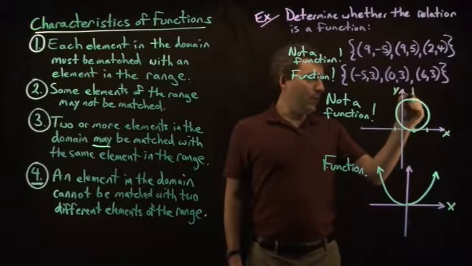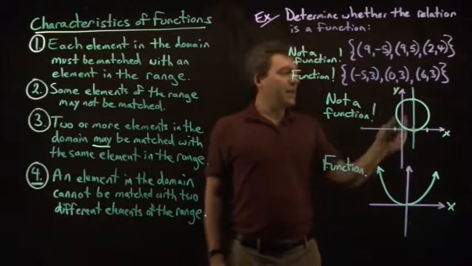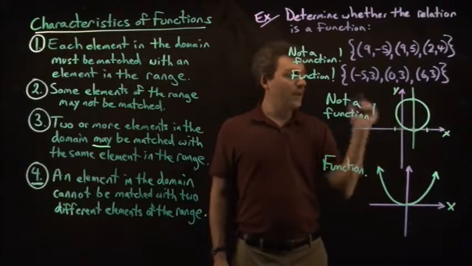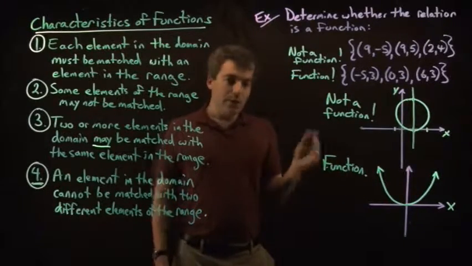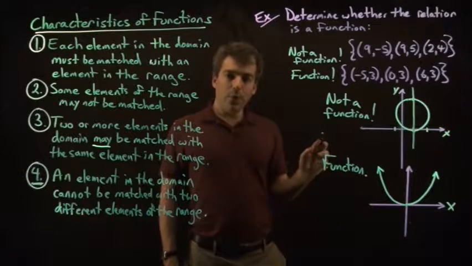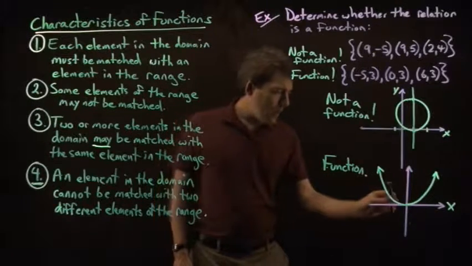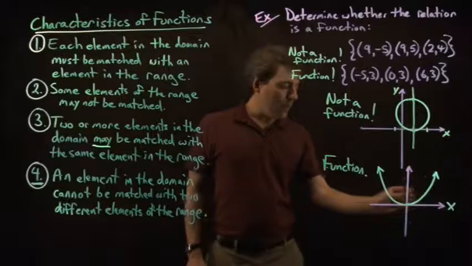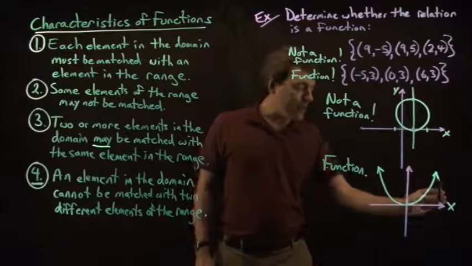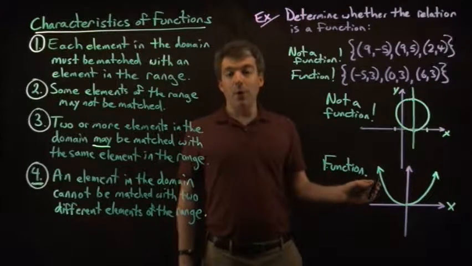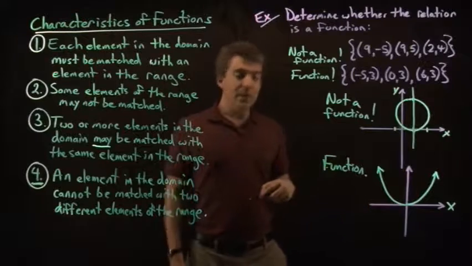For the example that we drew right there, this vertical line intersects the graph multiple times. You can also visualize that on this fourth example. We can imagine a vertical line going across this graph. It would never intersect the curve more than once. Therefore, this is a function.